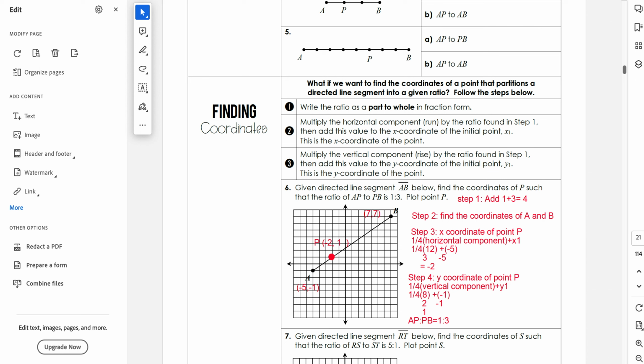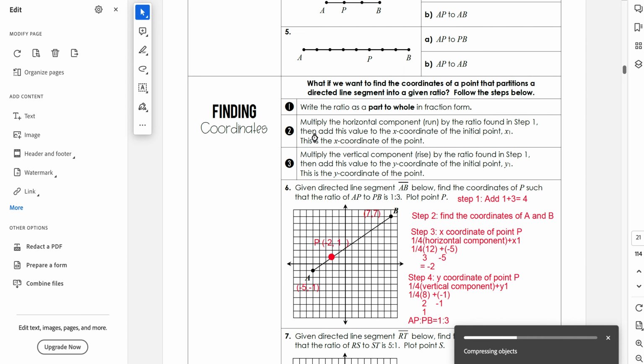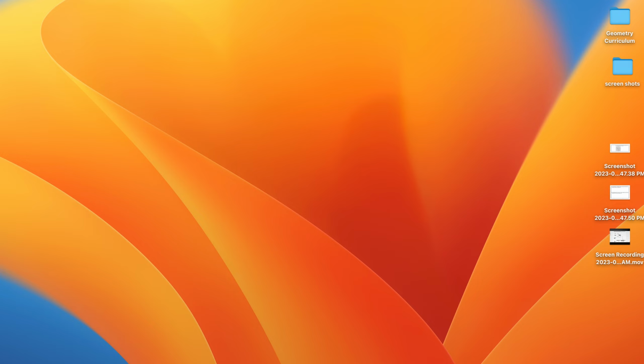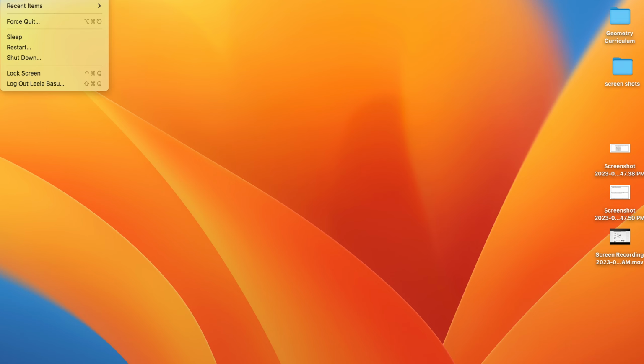There has to be a way to quit this. Do you want to save the changes? Save. I actually didn't want to do that. What I want to do is stop recording.